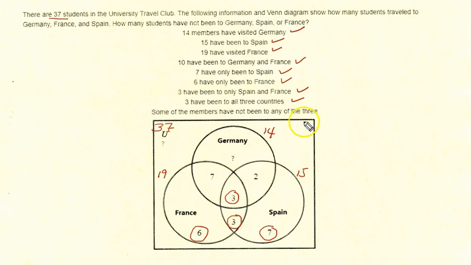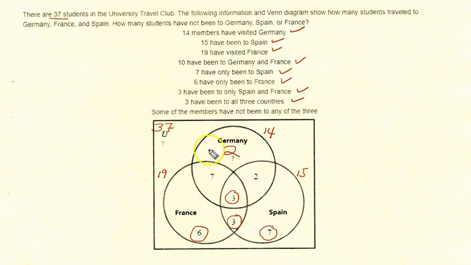Now, do I have enough information to fill in my question mark here for Germany? Well, I have 7 and 3 is 10 plus 2 is 12. If I subtract it from the 14, I get a 2. So this is a 2.